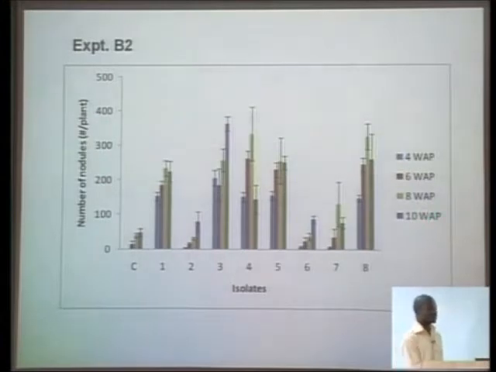That's the later development stage of the chickpea. And you can also observe that in isolate 3, at 6 weeks after planting, the nodal formation was reduced, and this was attributed to the high temperatures in the greenhouse at the time of conducting these experiments.